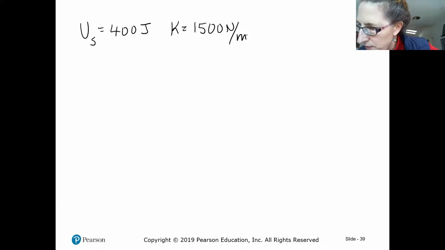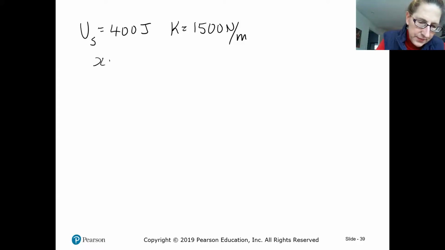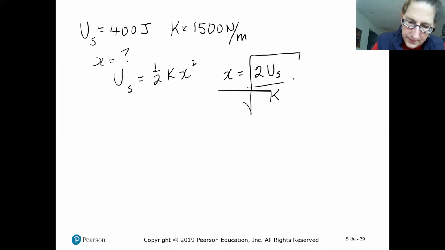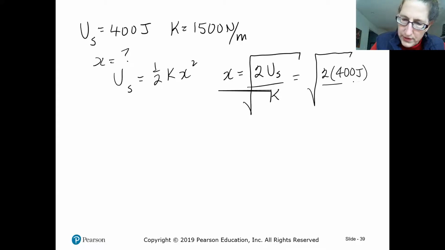Okay, and then we want to know x. So we use the formula, U equals one half k x squared. Solve for x: multiply by 2, divide by k, and then take a square root. So 2 times 400 divided by 1500 newtons per meter.